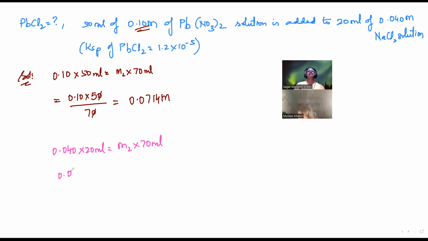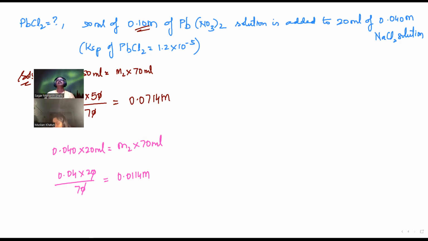So that would be 0.04 times 20 upon 70, the 0 cancels. 0.04 times 2 divided by 7 gives 0.0114 M. Correct.